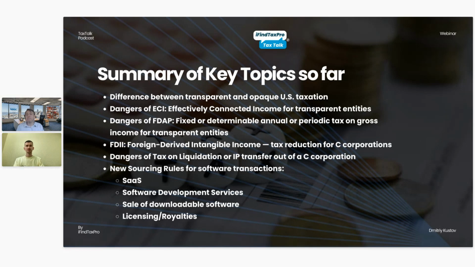Outside the US. So in effect, what the US has done with this law, it pushed IP out of the US. It's very dangerous, very inefficient, very bad to develop IP in the United States. It's much better to keep it outside. Now, of course, under certain circumstances, we have these rules for controlled foreign corporations.